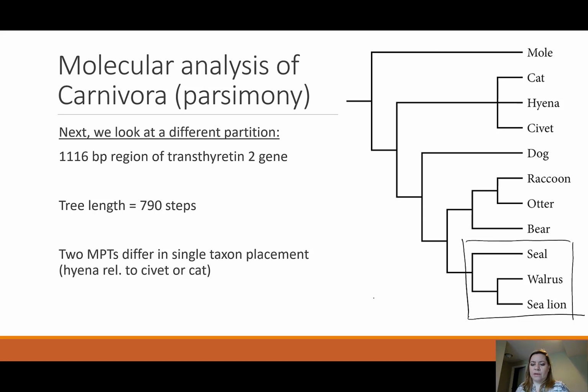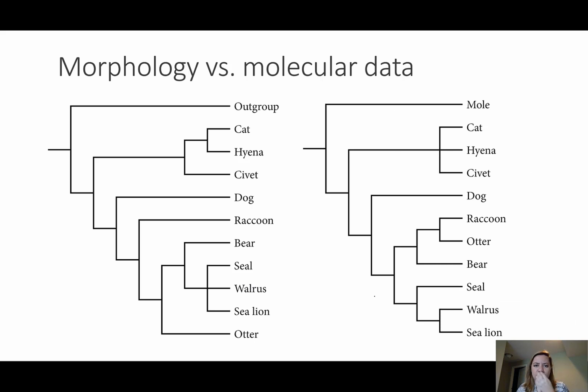And if we put these two trees together, look at the differences. The outgroup, by the way, is a mole. All right. So for some reason in the book, they don't have the mole labeled as the outgroup, but it is the outgroup. So we've got a mole as the outgroup, and the morphology tree is on the left. This is our strict consensus again. So strict consensus.